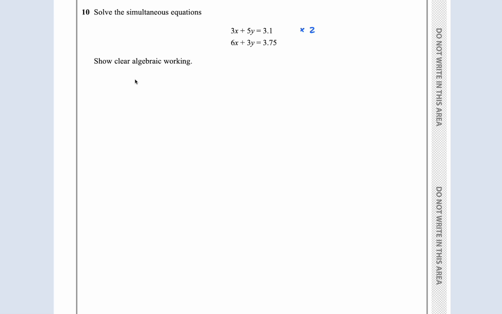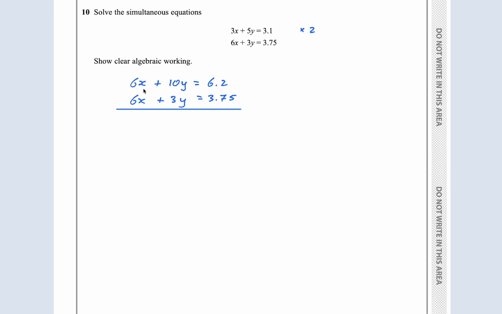So this times 2 is 6x plus 10y equals 6.2. You got to multiply them all by 2. This times 2, this times 2, this times 2. Then the second equation will be 6x plus 3y equals 3.75. That stays the same.